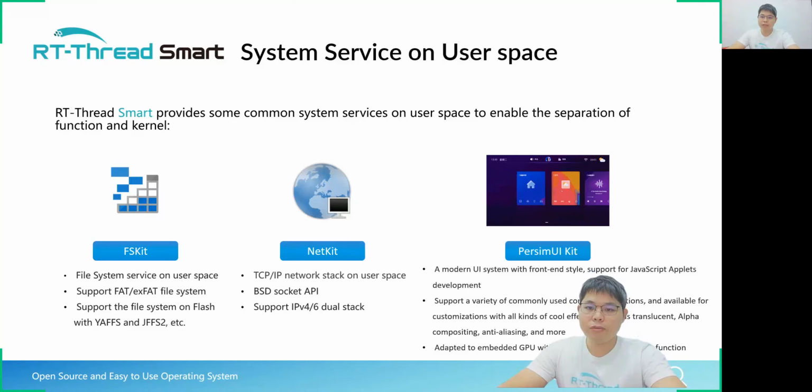For the GUI display, the user mode can use Persimmon UI, which provides a modern UI system and JavaScript programming, includes a majority of common controls and animations, and is available for customization with all kinds of cool effects, such as translucence and alpha compositing.